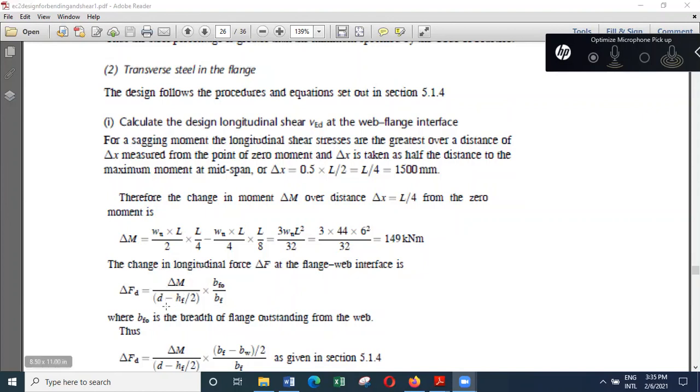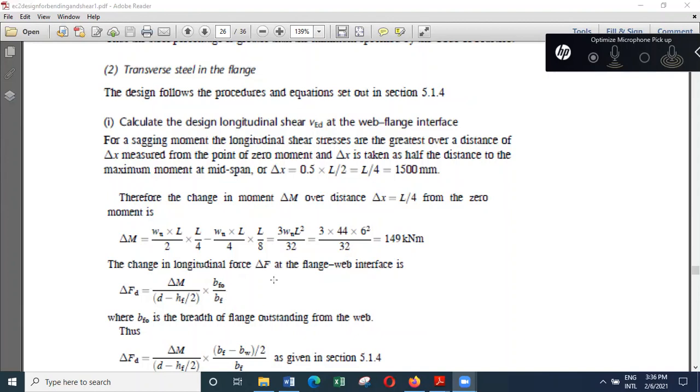The lever arm is d minus hf over 2, and then we have to multiply it by the width of the flange on one side divided by the total width of the flange.